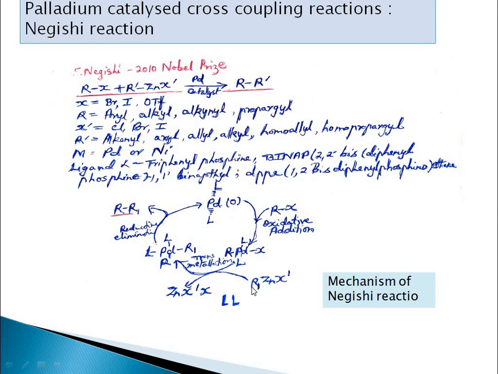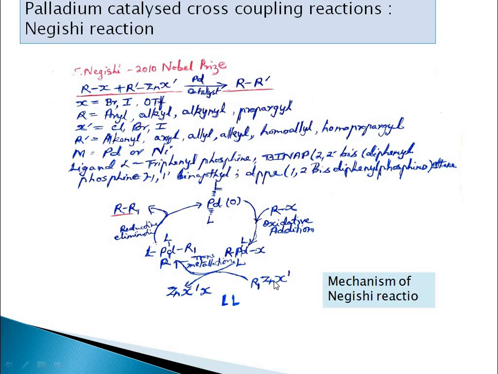That's the beauty of the Negishi reaction, because here zinc is used to transfer this R group from zinc to palladium. And since zinc is more environment friendly as compared to tin, etc., which have been used, this is a very important reaction.